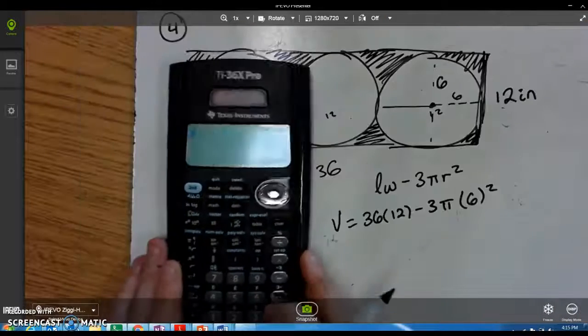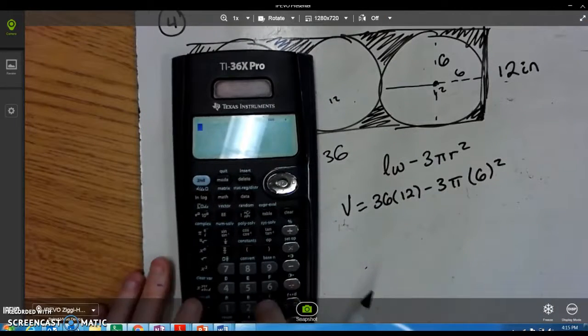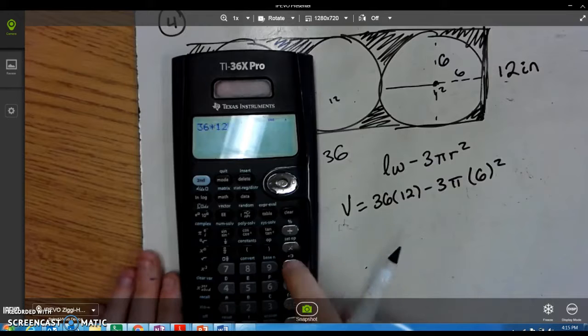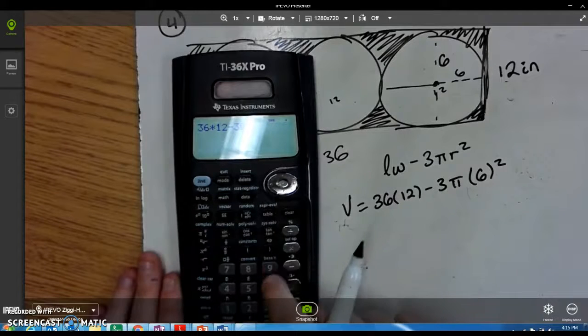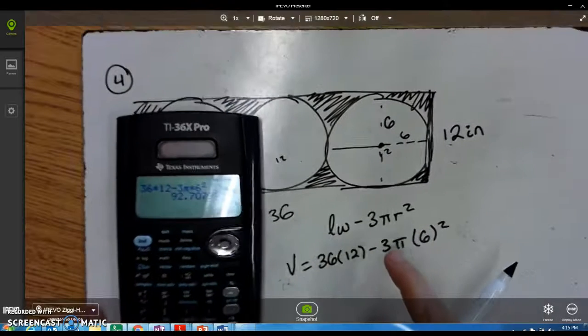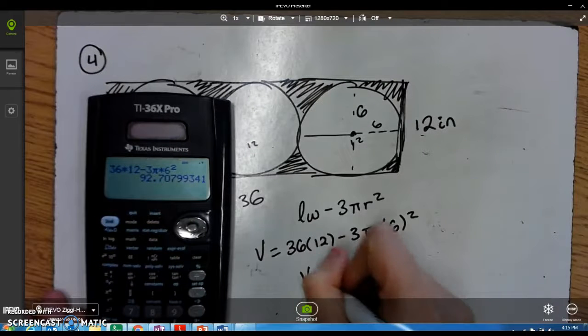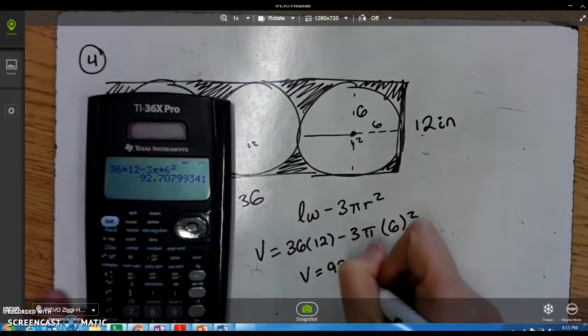There it is. 36 times 12 minus 3 pi times 6 squared. And we get 92.7.